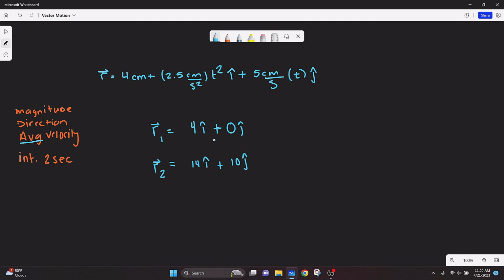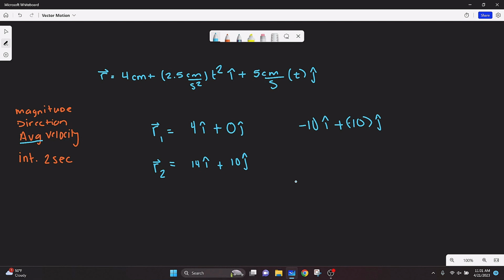And so we can subtract the difference between these two position vectors. So 4 minus 14 is negative 10, negative 10 i hat plus 0 minus 10, which is just negative 10 j hat.